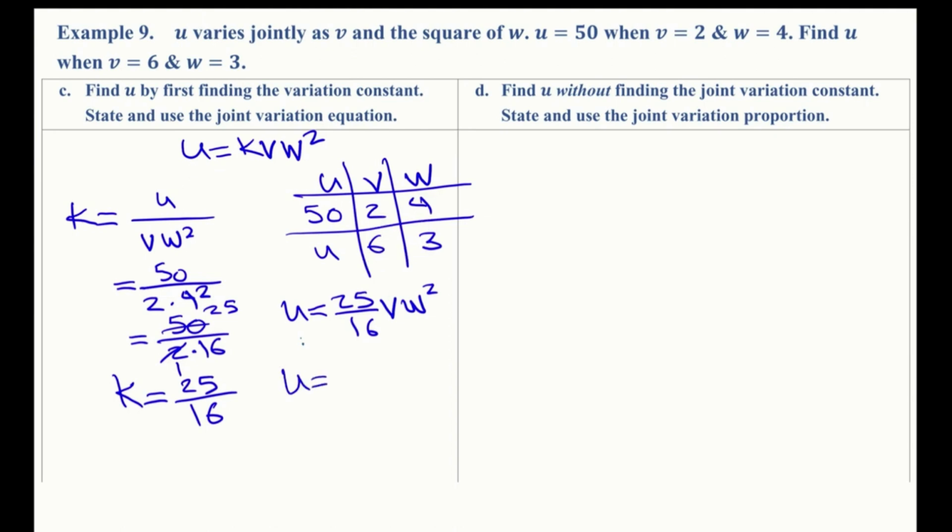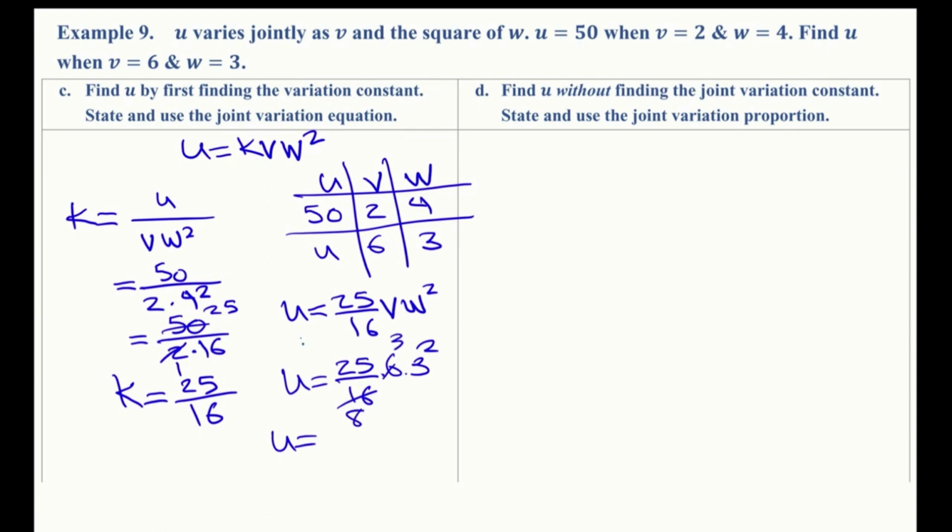So we get u equals 25 over 16, v is 6, w is 3, so times 3 squared. So we get u equals, notice that 2 goes into 16 8 times, into 6 3 times.